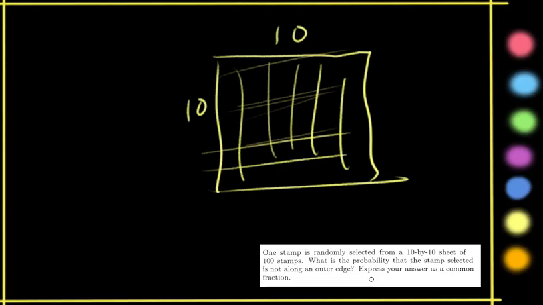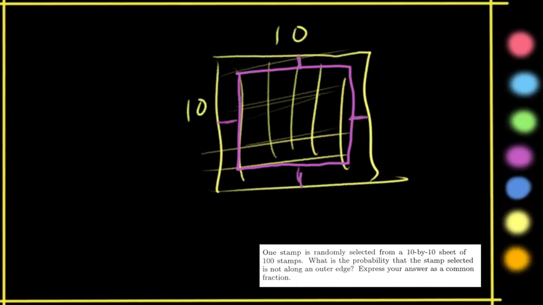So this one's not too hard, I think. You just have to think about how many of these stamps are not along an outer edge. So you have to take the square in the middle, right? And you have to think, how big is that square? Well, that square is missing one on the left side and one on the right side and one on the top and one on the bottom.